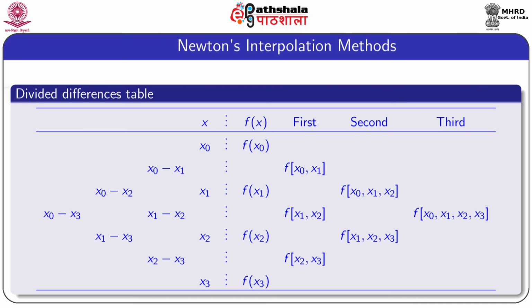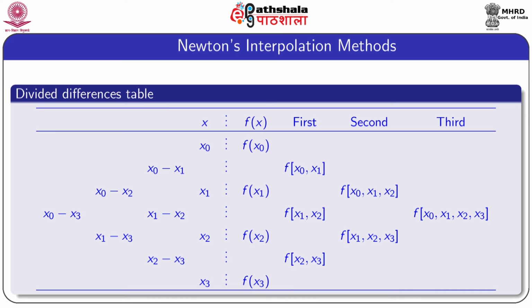Like the forward difference table and backward difference table, there is a divided difference table, and in this table there are two sides. The left hand side determines the differences between the arguments, and the right hand side determines the different divided differences.